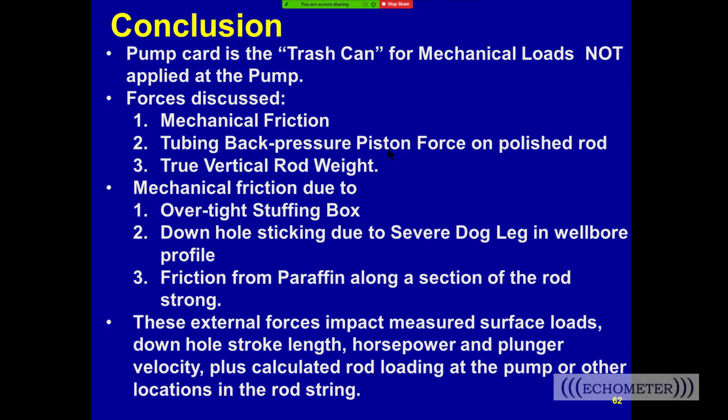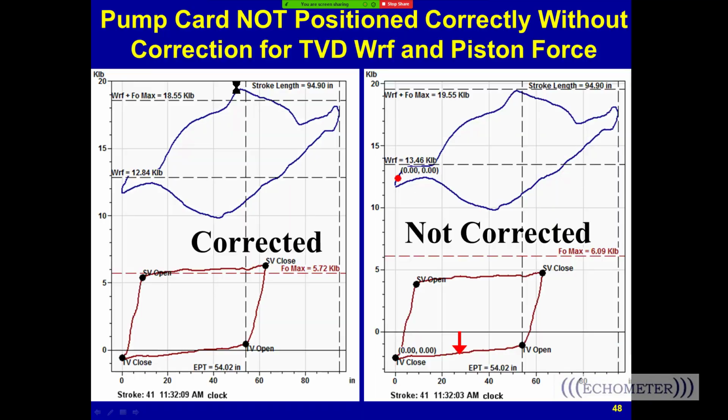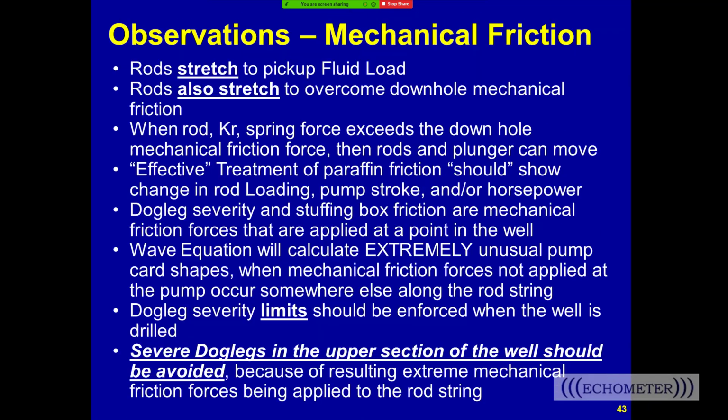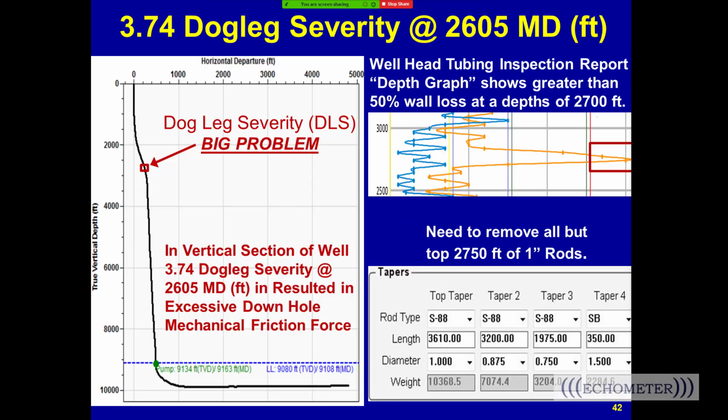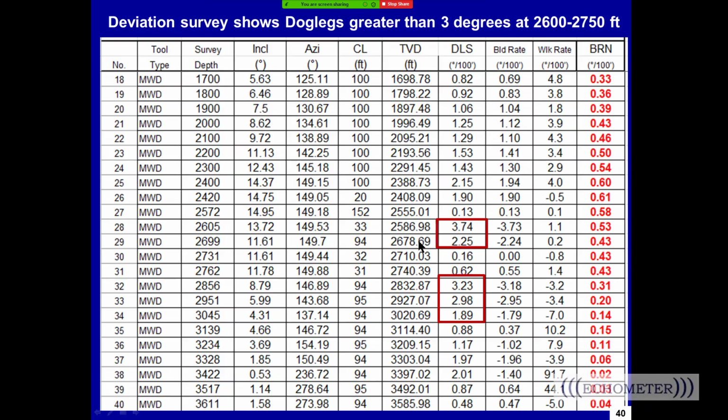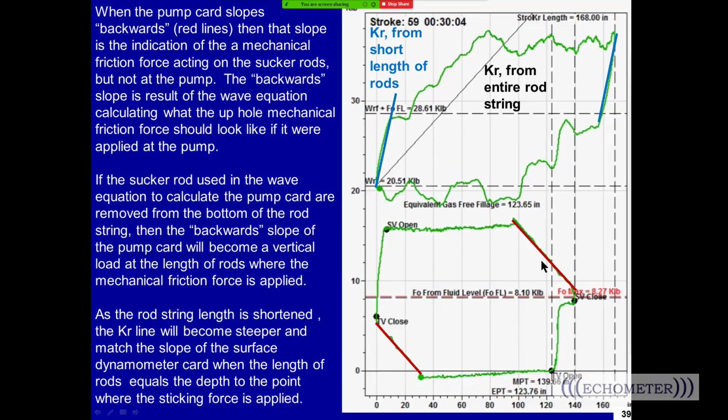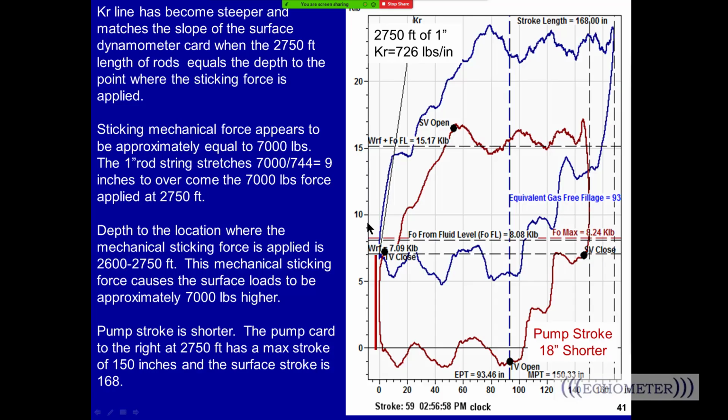The question says, does sticking damage the rods? That's a good question. If we go back and look at this, this is a well that had this original shape right here, and this backward shape represents mechanical friction calculated at the pump from a force of 7,000 pounds acting at 2,700 feet.